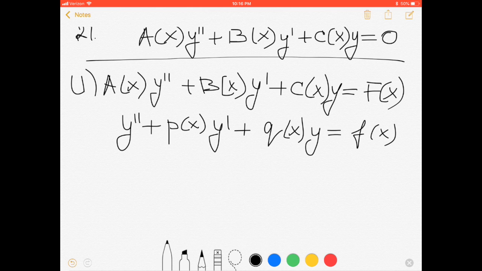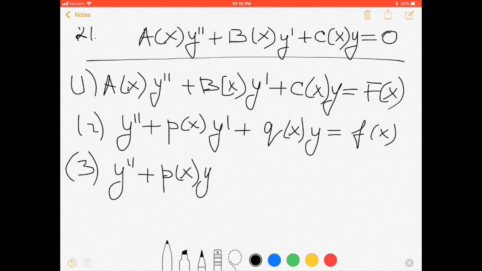This is equation 1, this is equation 2, and equation 3, where we have the second derivative plus p(x) y prime plus q(x) y equals 0. It's called the associated homogeneous equation.